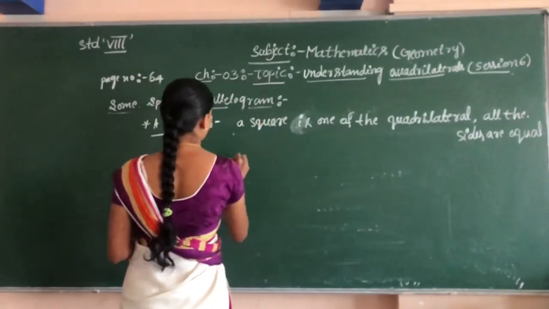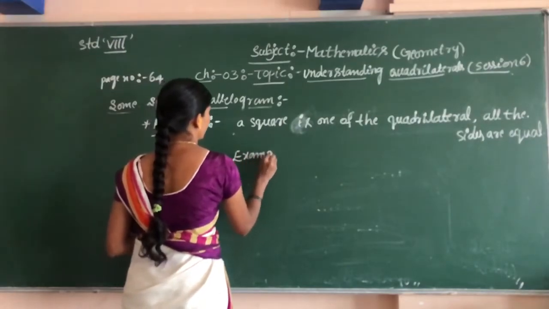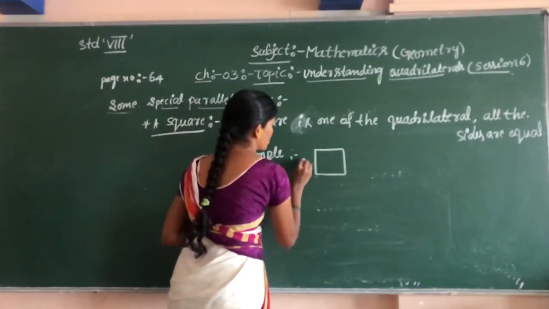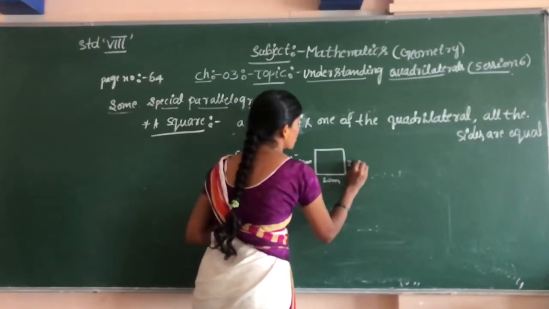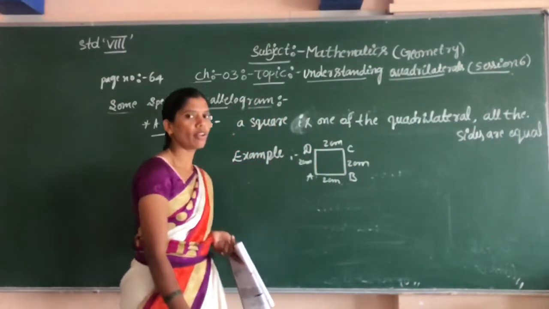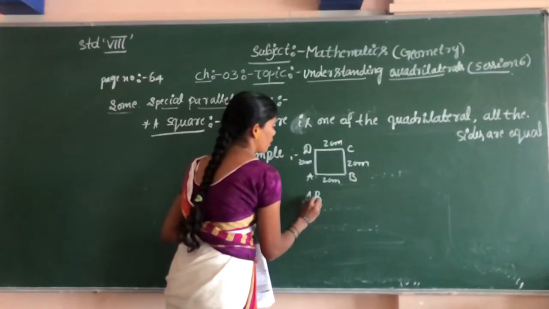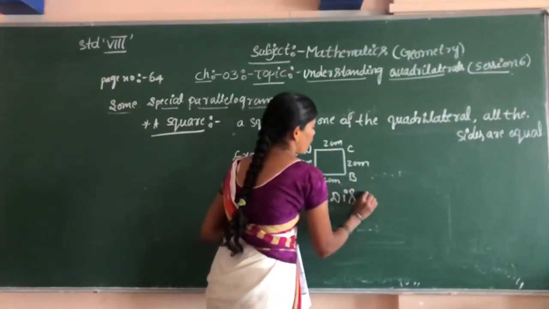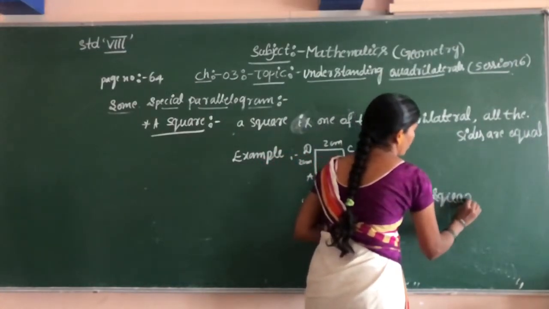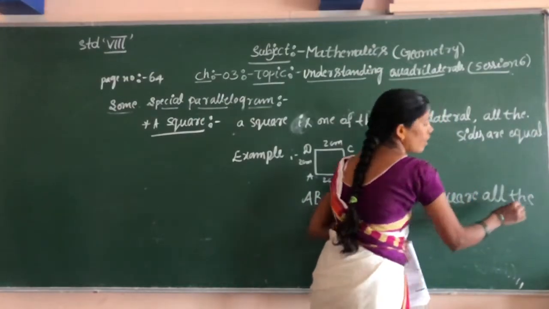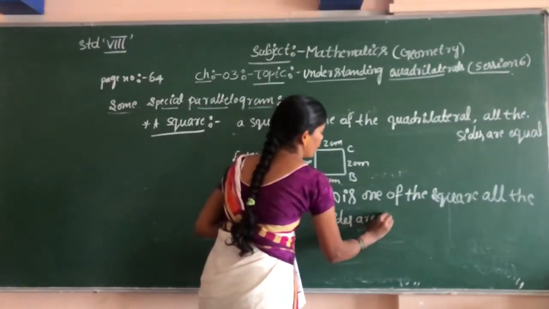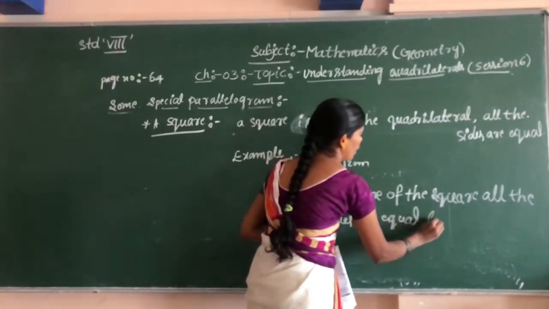For example, this side is 2 centimeters, this is 2 centimeters, this is 2 centimeters, and this is 2 centimeters. ABCD is one of the squares. All the sides are equal, of equal length.